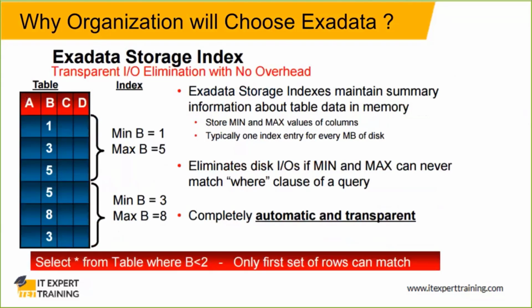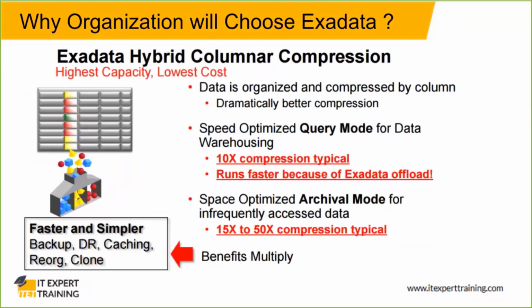Storage indexes are another feature. You have seen database indexes, right? These are storage indexes which are going to be available in the system, which will help you perform the query operation in a much more efficient way. And then hybrid columnar compression.